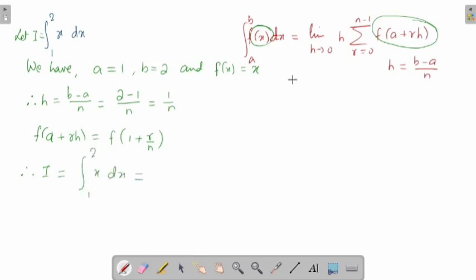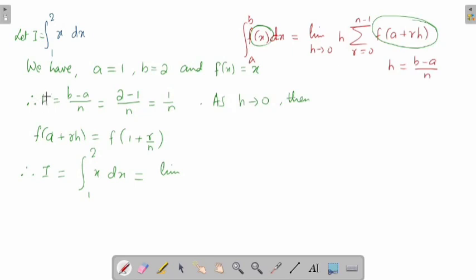As per the formula it becomes limit. Now since you are writing h in terms of n, see here carefully, as h tends to 0, what happens to n?